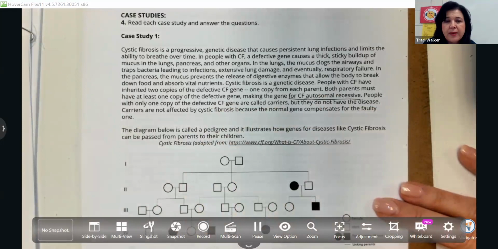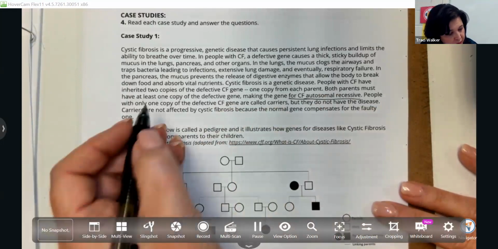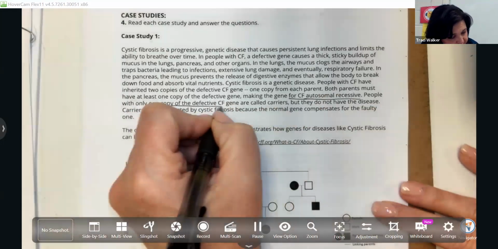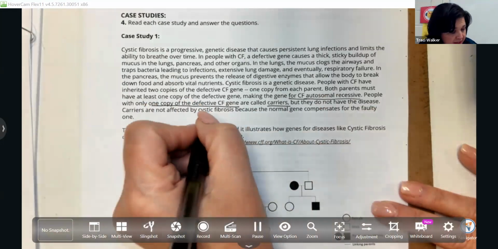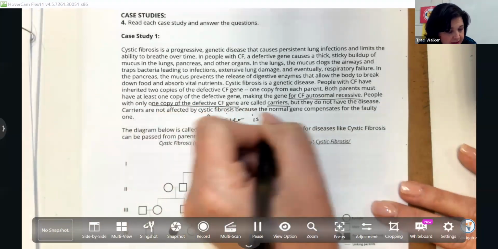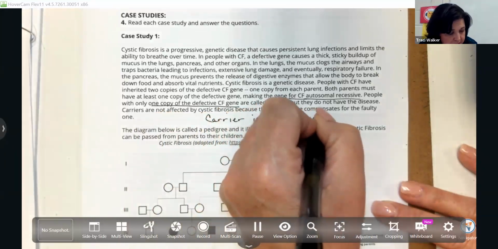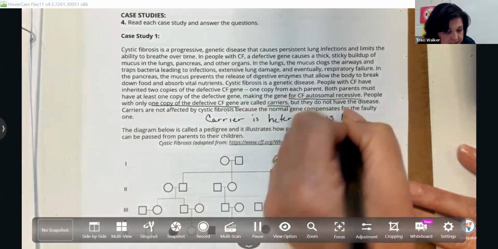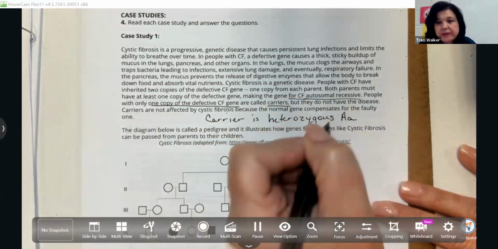People with only one copy of the defective CF gene are called carriers. So one copy of the defective CF gene makes them a carrier. And remember from last time, a carrier is heterozygous, meaning they have one dominant allele and one recessive allele.